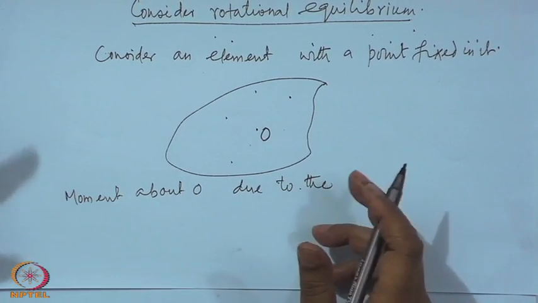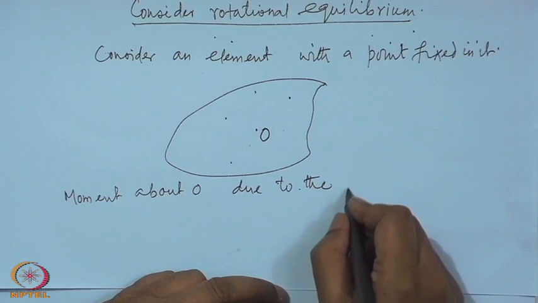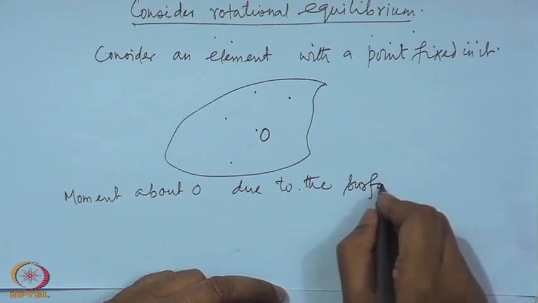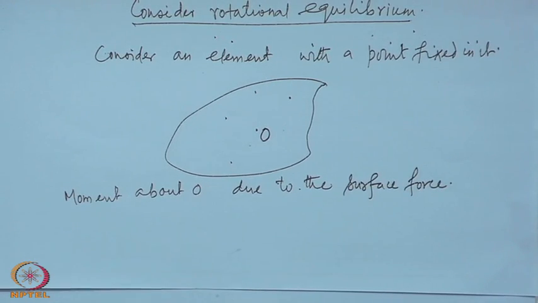The distance you can write r, so it is r cross f. You can start from there, r cross f, and r cross f will be denoted by epsilon_ijk r_j f_k. Okay.